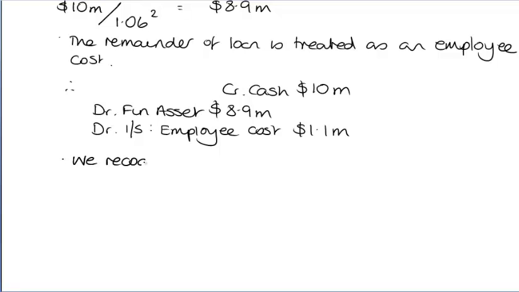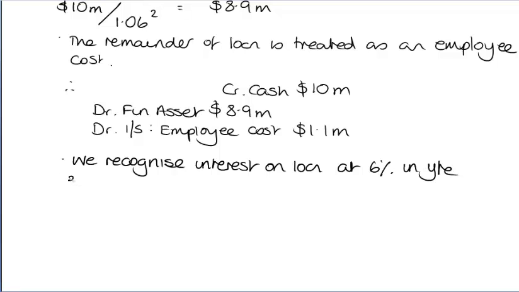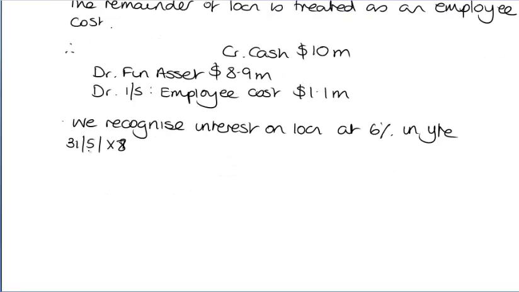We recognise interest on the loan at 6% in the year ending the 31st of May X8. So therefore I'm going to credit the income statement $8.9 million times 6%.